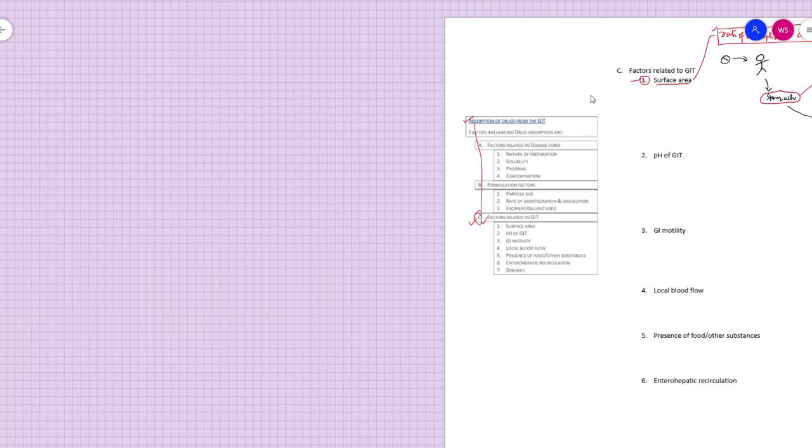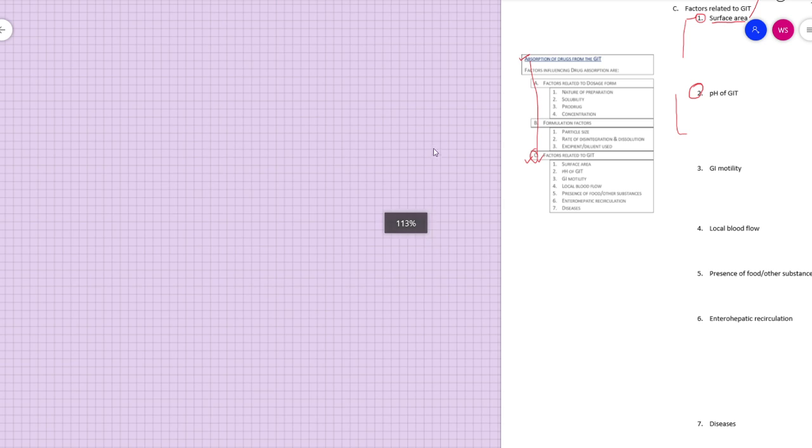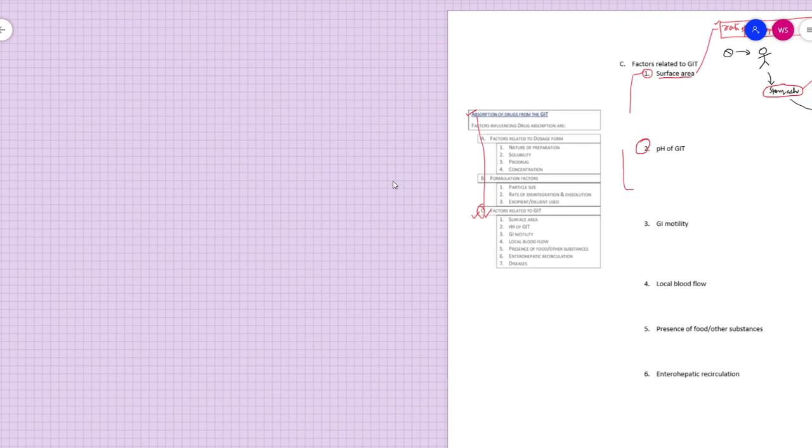Let's look at the second factor related to GIT, which is the pH of GIT.